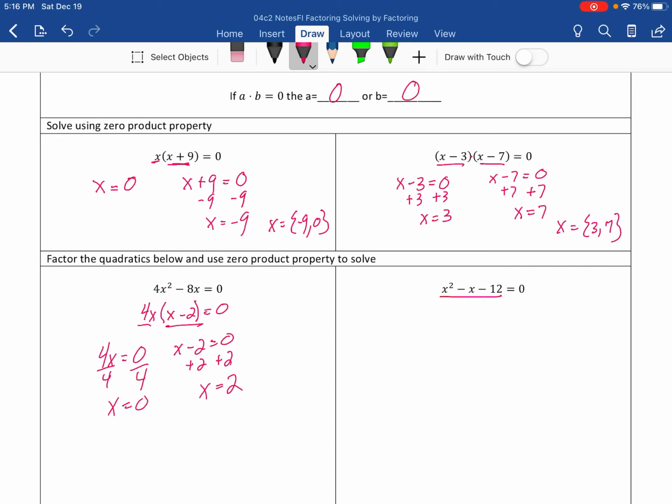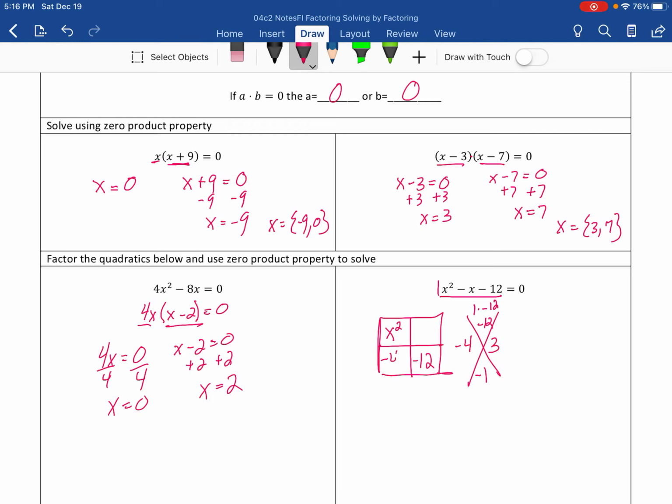This one is not two terms, so I'm going to go through and factor. I'm just going to be using the box method just because I want consistency. So for this here, the first thing I would have to do is factor. Okay, so I have to find two numbers. They have to multiply to be 1 times -12, which is -12, and they have to add to be -1.